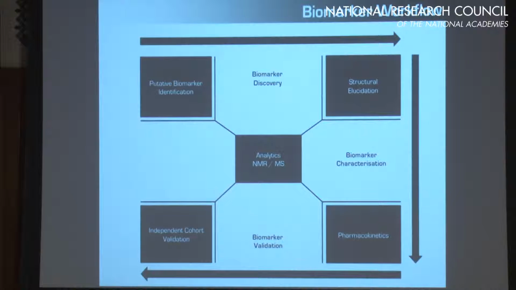We might also follow on with an experimental study of the pharmacokinetics of these metabolites, and then validate these responses in terms of the biomarker in other cohorts. But sitting at the centre of all of this is the analytics. That's where we've got to today, and that's what I'm going to be mainly focusing on.